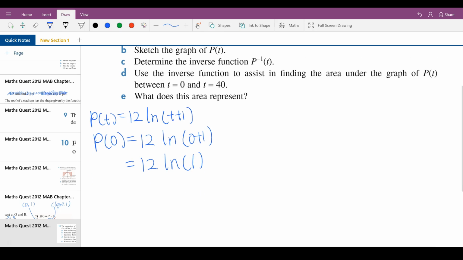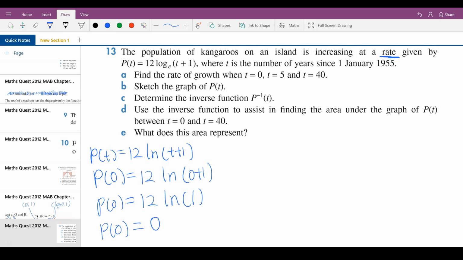And ln 1 is just 0. Pretty sure. So the rate will be 0. That just tells you that at the beginning there's no growth rate. Of course, because this is right at the beginning. At that time, the rate is not increasing, because it just started. So when t becomes bigger than 0, you would expect some growth rate.